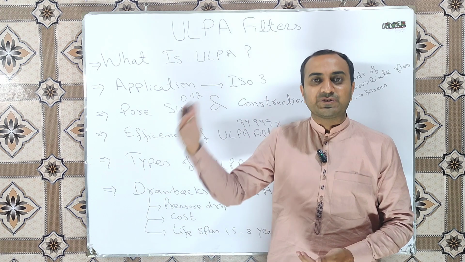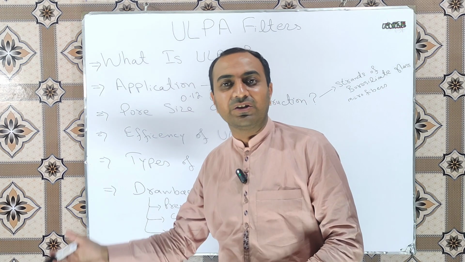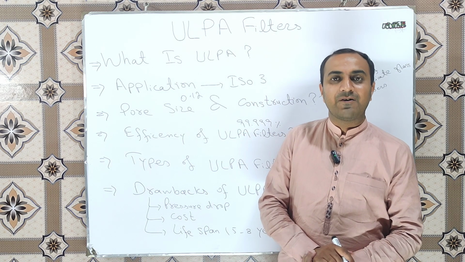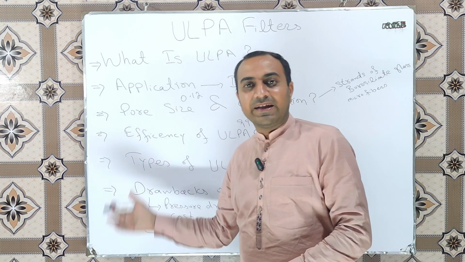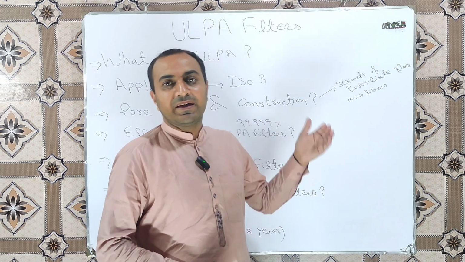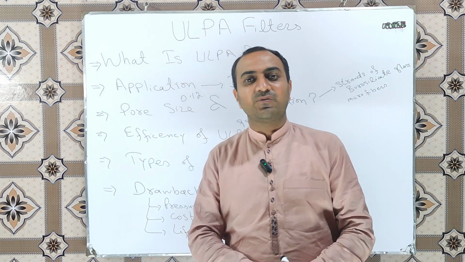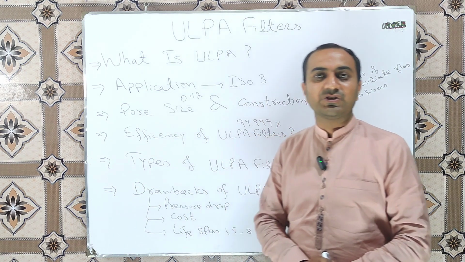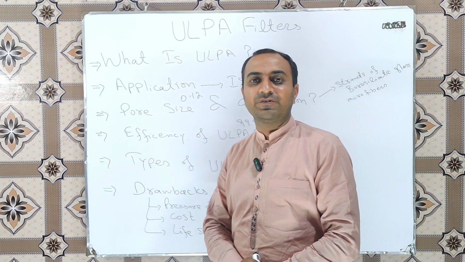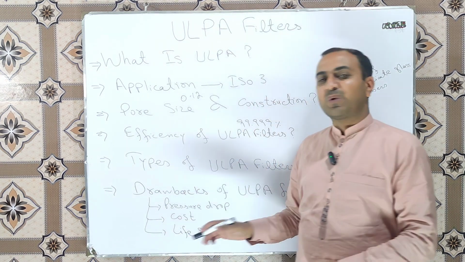So to achieve the required level of air changes, we have to increase the dimension or surface area of the ULPA filter. Due to the denser arrangement, more energy is required to push the air through ULPA filters. So HVAC containing ULPA filters consume more energy, and due to all of these, the cost of ULPA filters is very high.